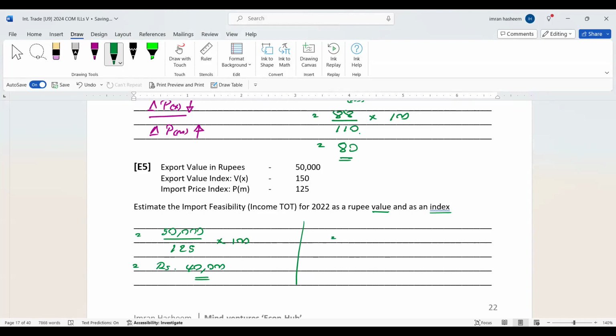Then the formula is export value index 150 divided by 125 into 100. Get it? So we get 120. Right? As an index, it's 120. As a rupee value, it's 40,000. Any questions? Are we okay?